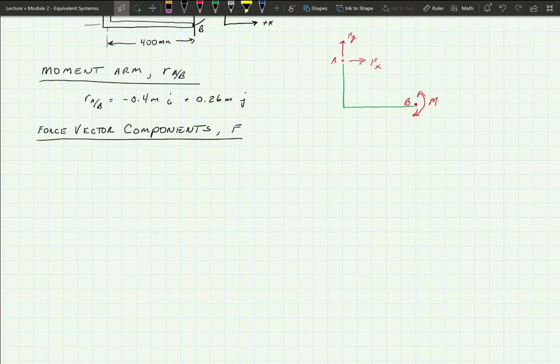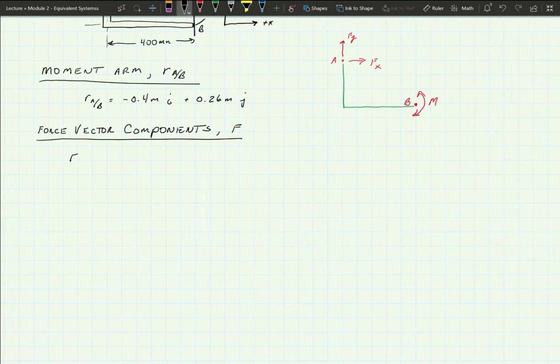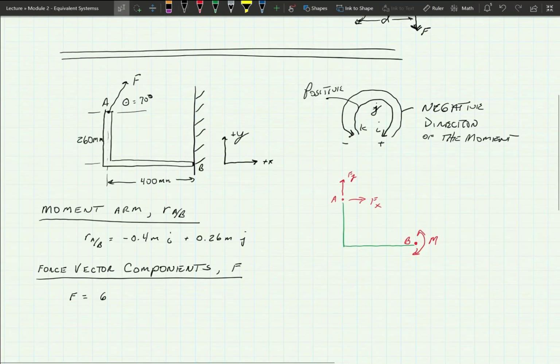All right, so I'm looking for the force on this. So we're going to write this as F is equal to the, oh, I didn't give this to you in the problem up here, did I? 600 newtons is the force.